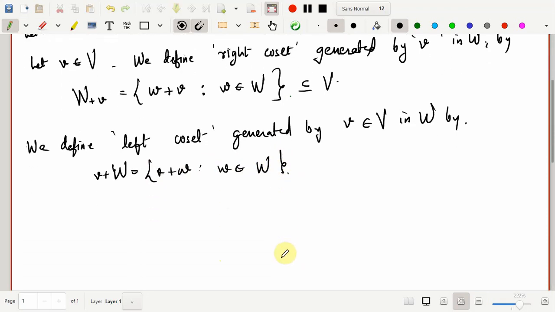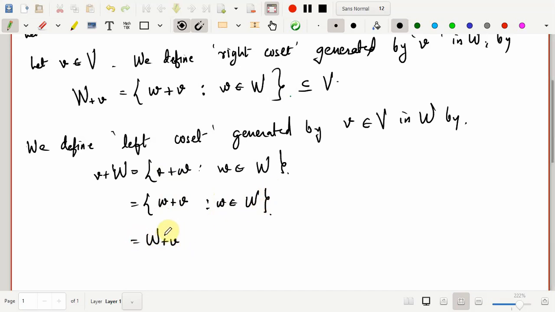Now one thing one would observe in a vector space is that the right coset and the left coset coincide, because we know that plus is commutative in a vector space. Therefore v plus w can be written as w plus v for a fixed v, where w is varying in capital W, which is the same as your right coset.